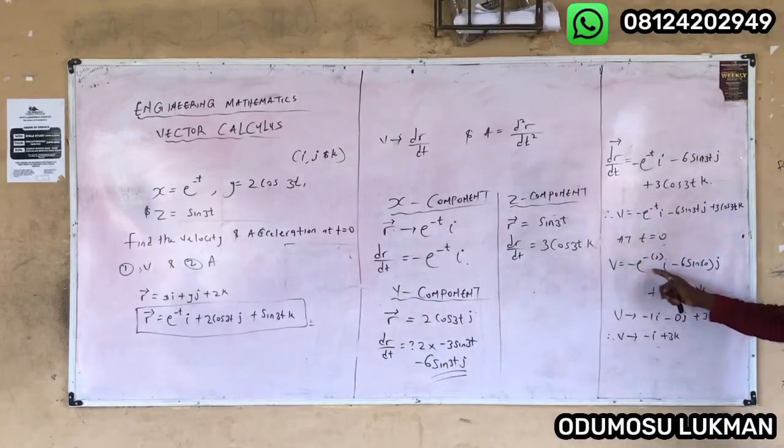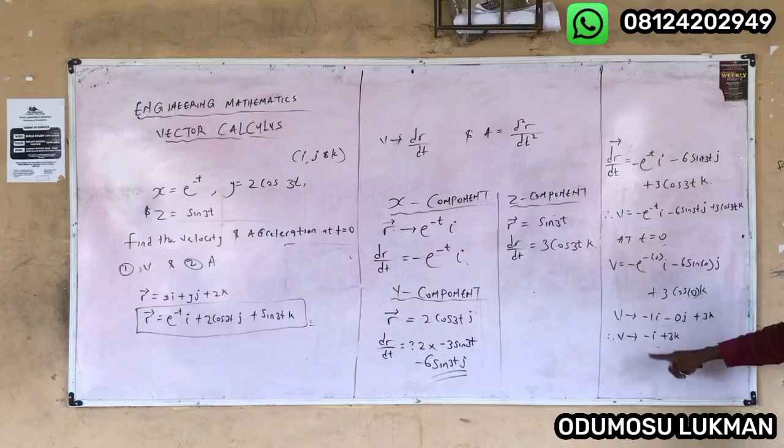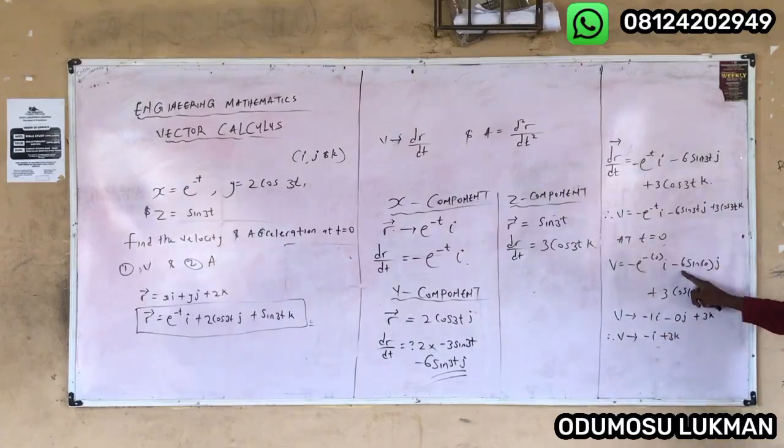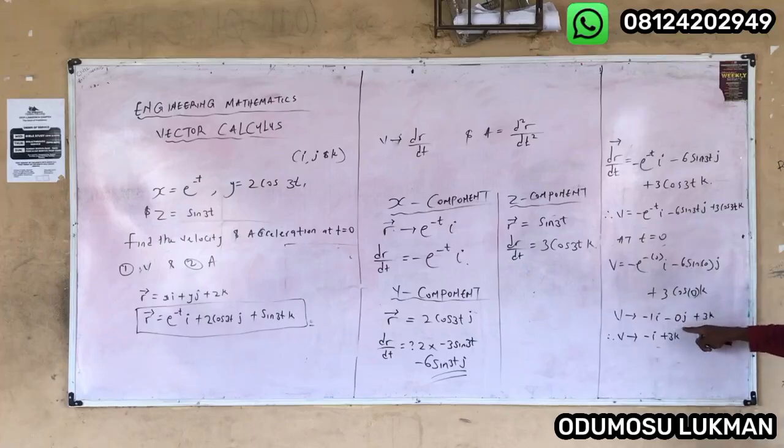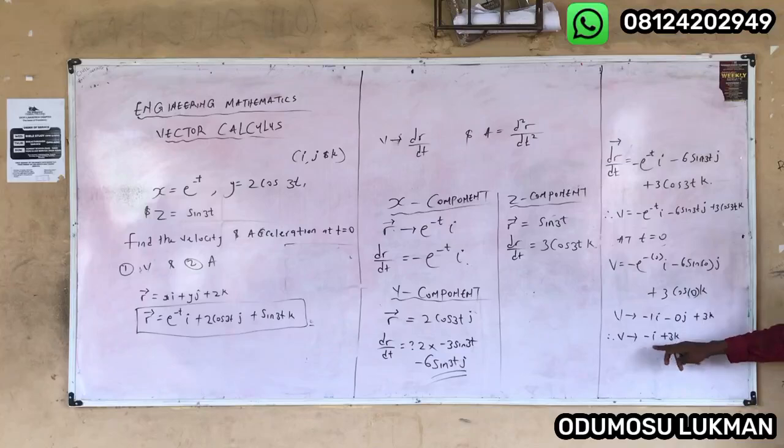Then, by the time you input this in your calculator, you have minus 1 i. Then all this will give you minus 6 sine 0. Sine 0 is 0. 0 times minus 6 is still 0. That's why you're having this here. Similarly, because cos 0 is 1, 1 times 3 will give you 3k.